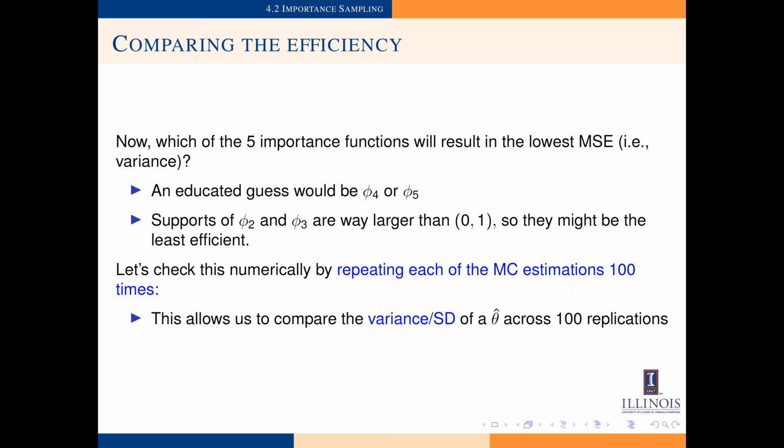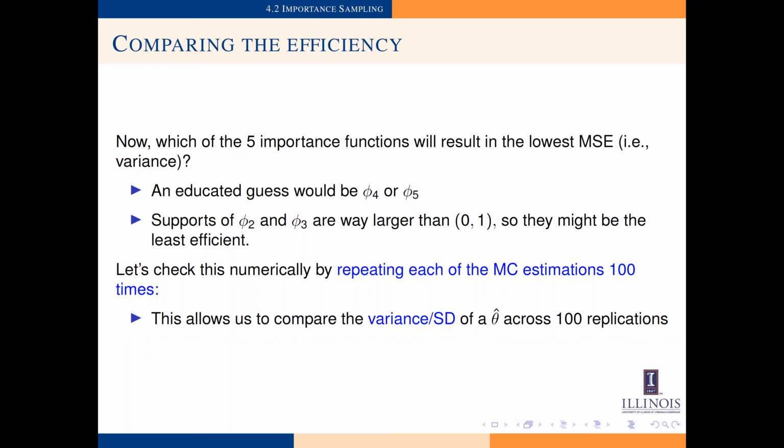Each time we obtain a total of 10,000 samples, use one of the phis to get the corresponding theta hat, and record that. We record 100 such theta hats for each of the possible phis.